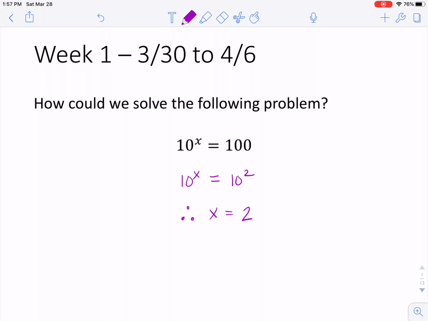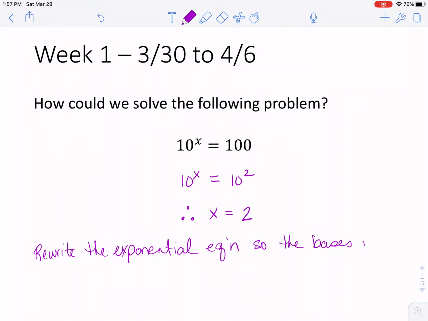We're basically reviewing exponentials, which means we need to rewrite the bases, rewrite the exponential equation so the bases are the same. This is what we did in the last unit.